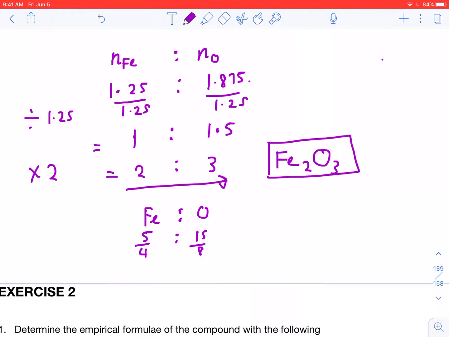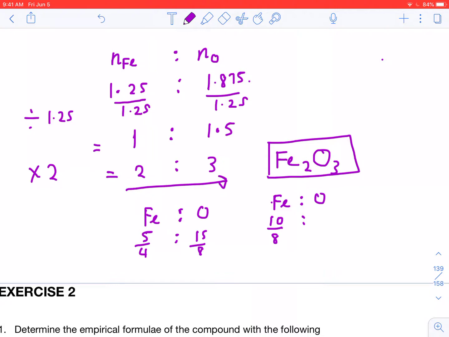If I multiply the 5/4 by 2, I could have it as 10/8, correct?